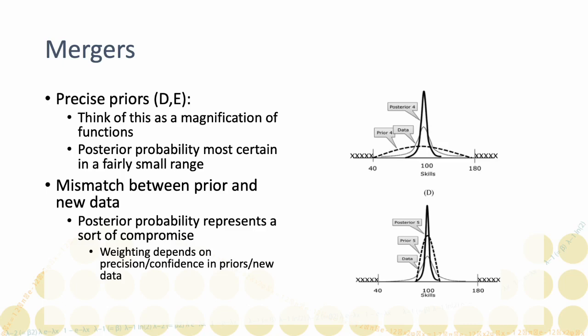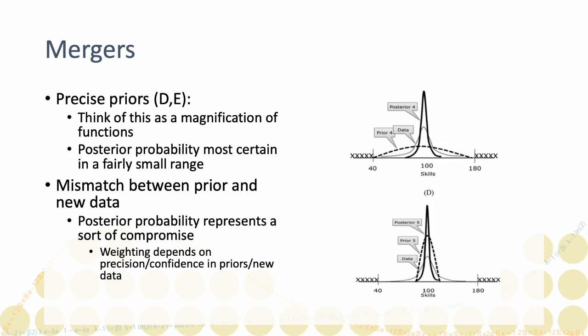When the priors are more precise, we are saying we have a very good reason to believe that the probability function for the population parameter has a particular shape and falls within a particular range. You would use prior 4 to indicate that the values could fall anywhere from 40 to 180, but that you believe 100 is the most likely value.